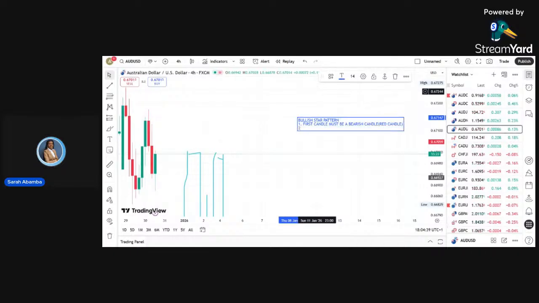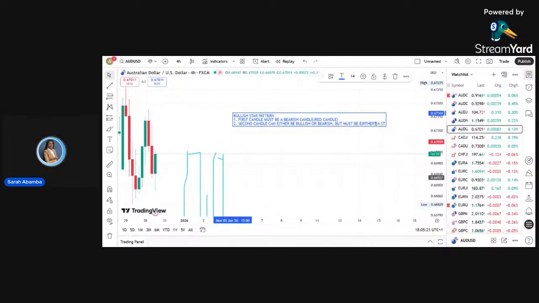The second candle can either be bullish or bearish, but must be either a pin bar or a doji.